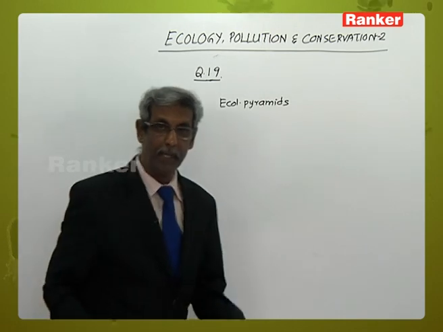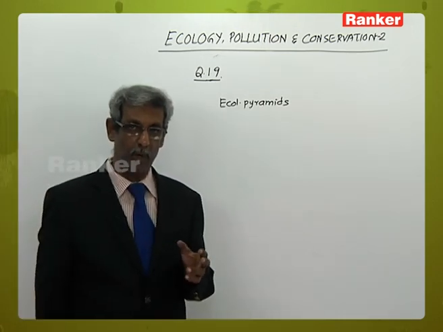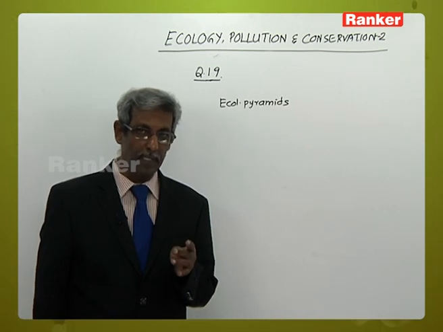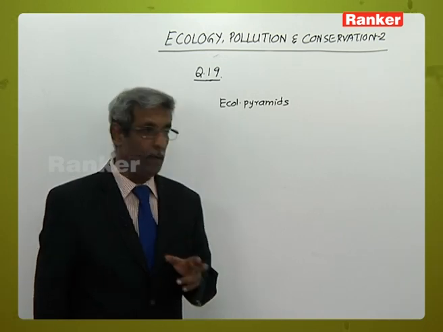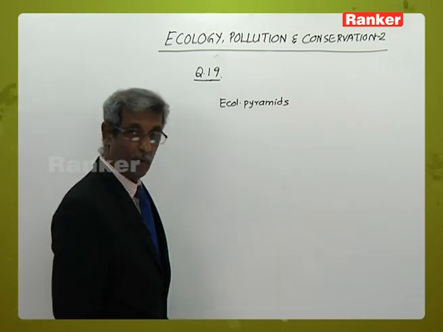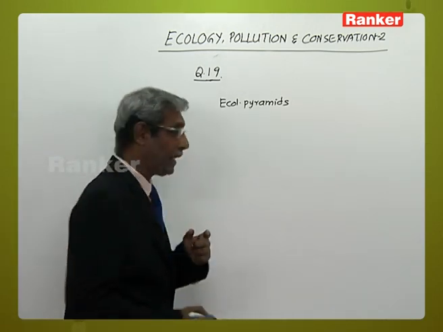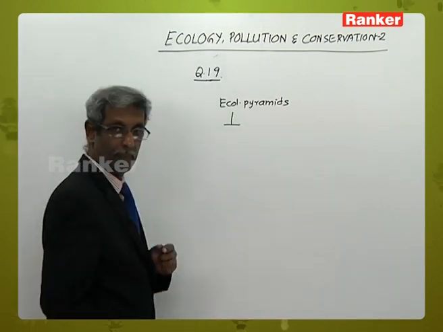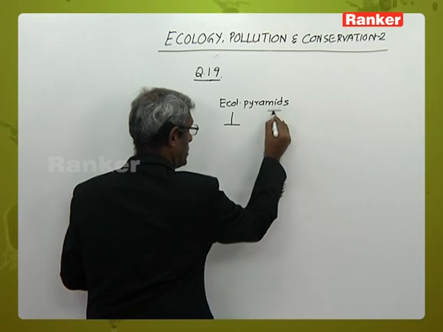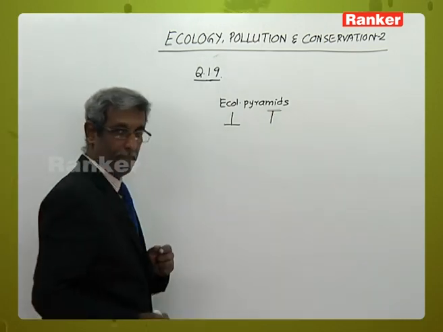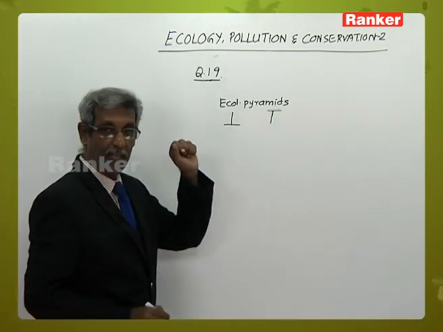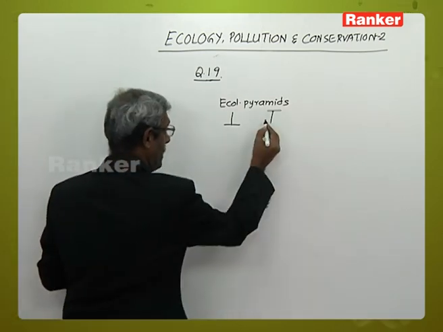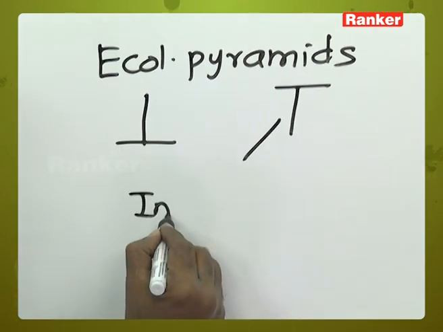An ecological pyramid is a graphic representation of either biomass or energy or nutrients in an ecosystem. When we take ecological pyramids, we have two types: an upright pyramid, or an inverted pyramid. An inverted pyramid is just T-like. So, among the choices, what is an example of an inverted pyramid?